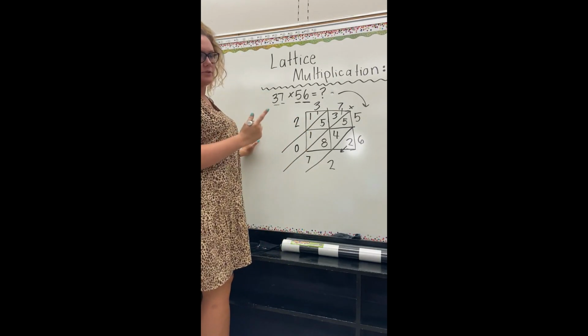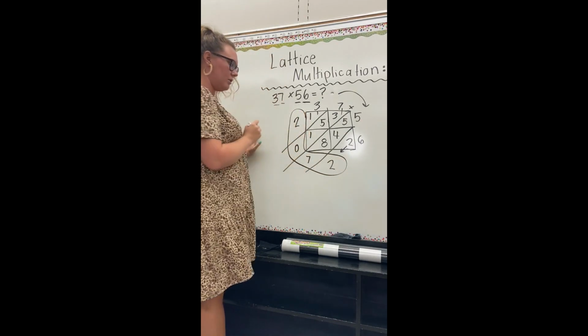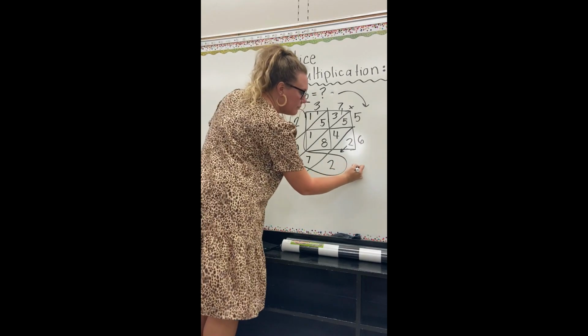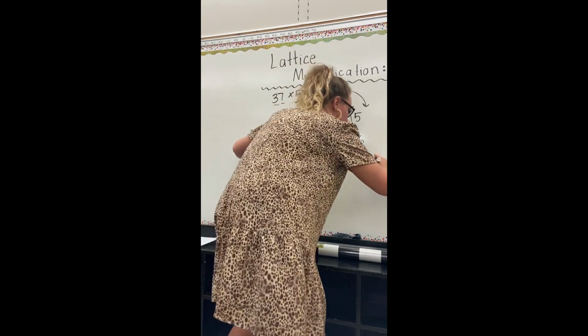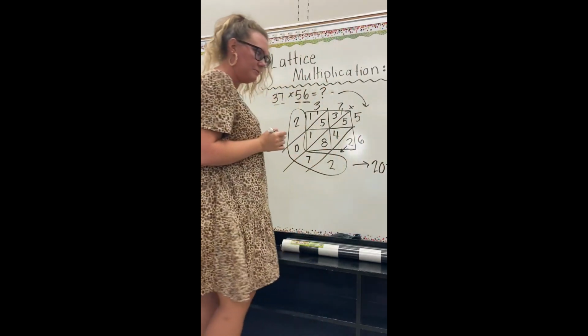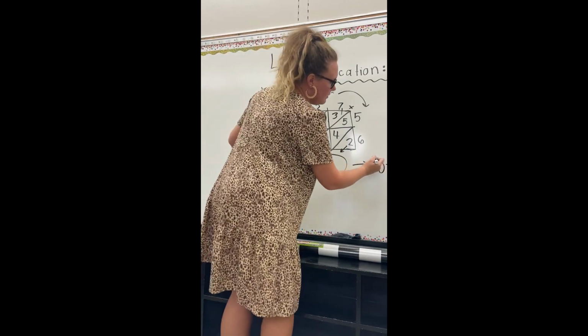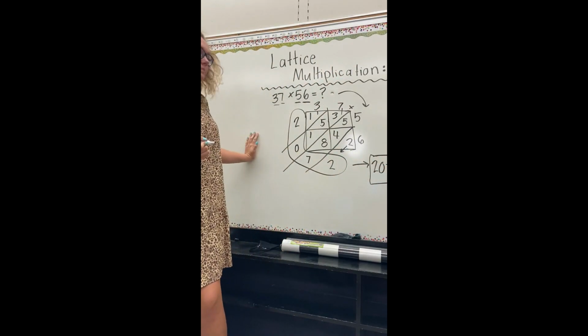So all I have to do now is take these numbers that I've gotten now on my sides and rewrite it. So I have a 2, a 0, a 7, and a 2. 2072. And that is my answer.